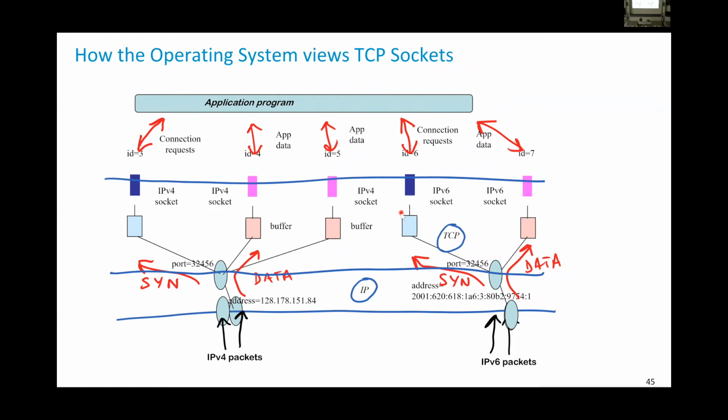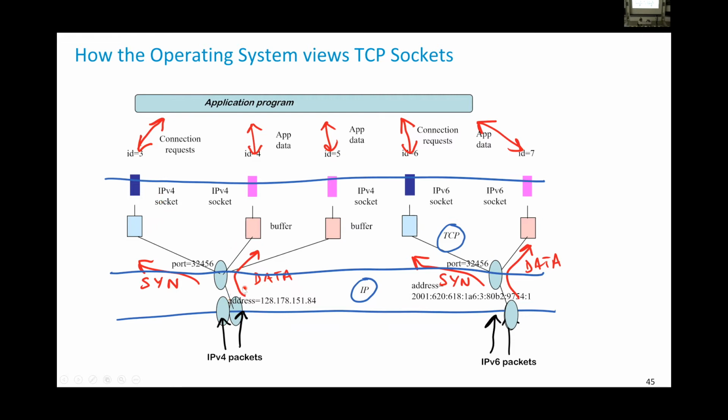Here is how the operating system views the sockets. Here I'm showing IPv4 sockets. I'm not showing a dual stack socket, which would be an IPv6 socket that's able to accept IPv4 packets, that exist in exactly the same way we saw last week about UDP. But here I'm illustrating, for example, in the IPv4 part of this operating system, how the SYN packets will go to the buffer that is associated with the listen call.